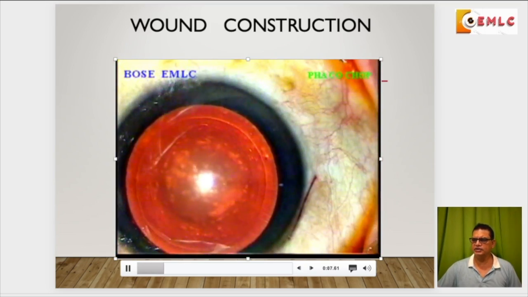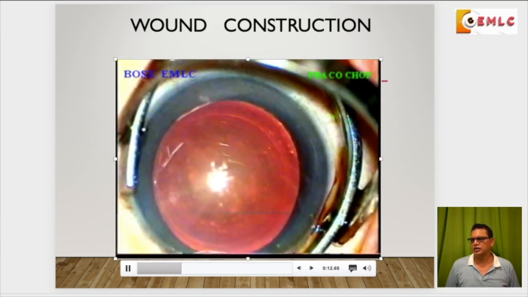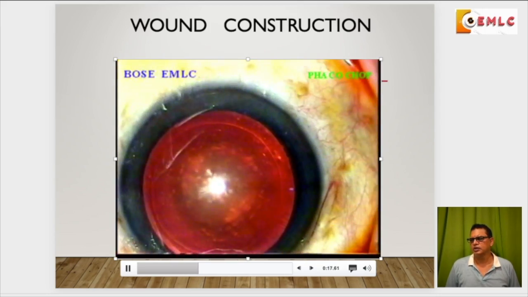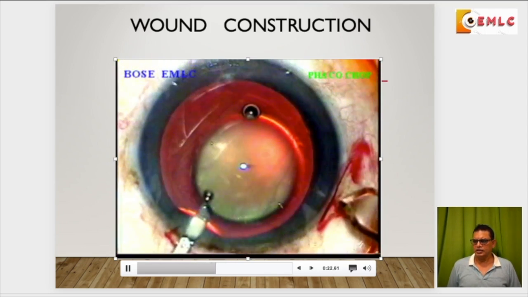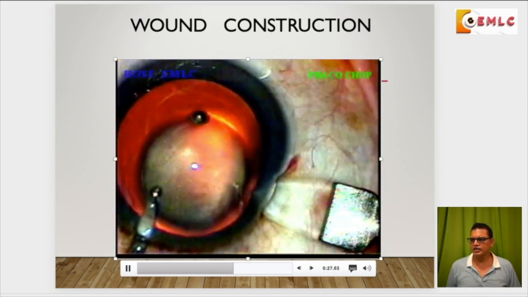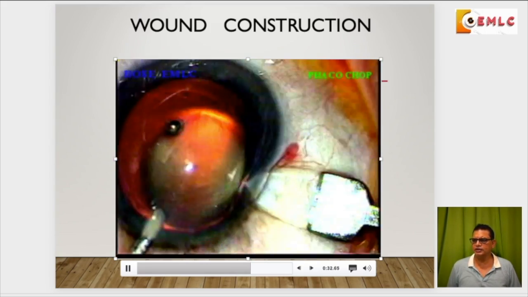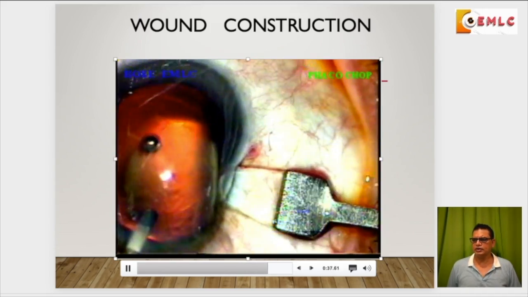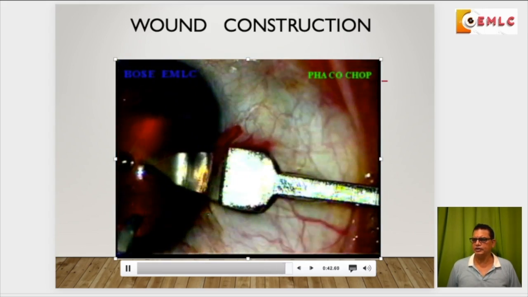An ideal incision should be constructed with the initial incision, which is perpendicular to the sclera, followed by an incision which is parallel to the iris plane, which should be about 1.5 to 2 millimeters, and then it should enter into the anterior chamber through the cornea with a lip.